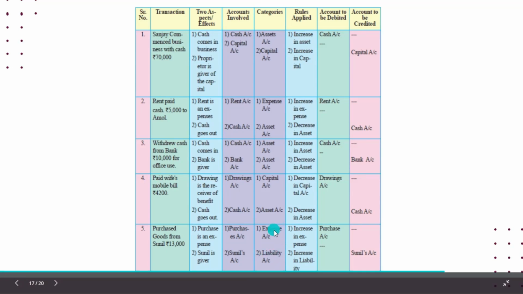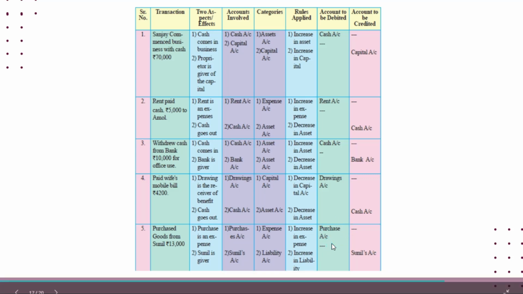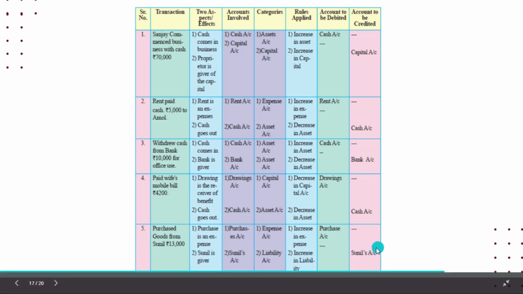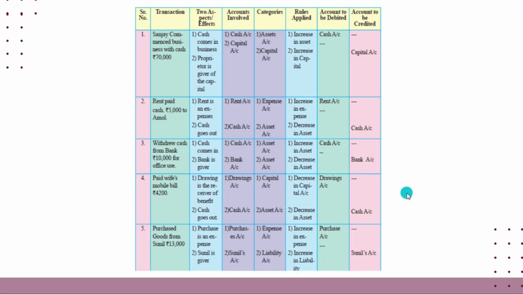So in expenses, your expenditure has increased, so it will go to the debit side. So purchase account will come here on the debit side, and liability also got increased here because you are supposed to pay amount to Sunil. So Sunil account will come on the credit side. This is the way you can solve the accounting entries with the modern approach.